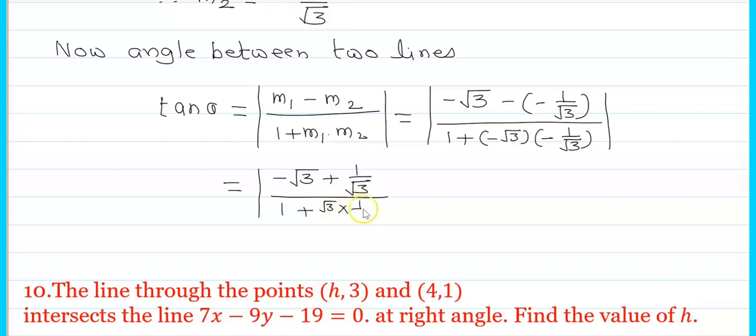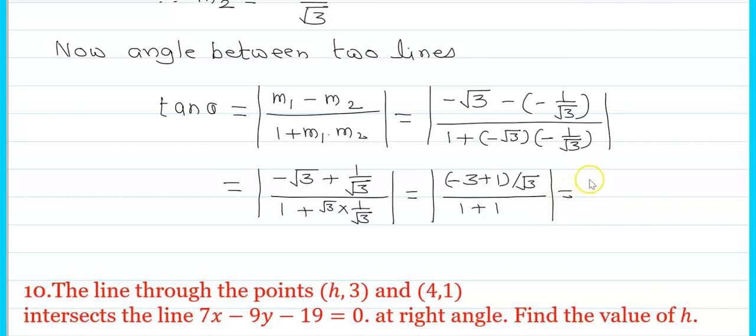Next simplification, root 3 into root 3 minus 1 upon root 3 gives minus 3 plus 1 upon root 3, and the root 3 gets cancelled, so you get 1 plus 1.